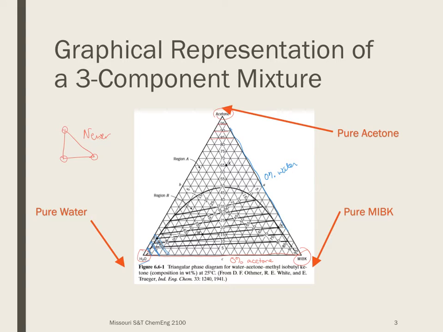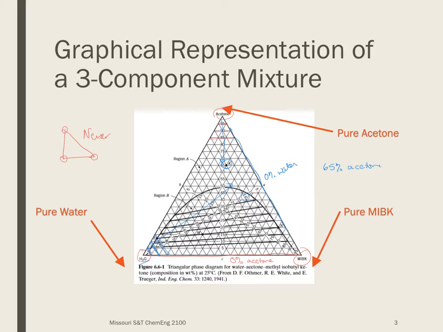Now, that means that if I were to look at any particular point, so let's take this point right here that's labeled K, I would read that. From this direction tells me how much acetone, and so this is 65% acetone. Reading this direction tells me how much water.